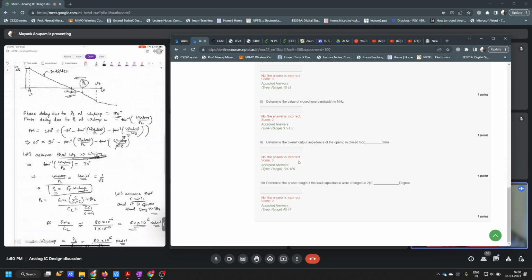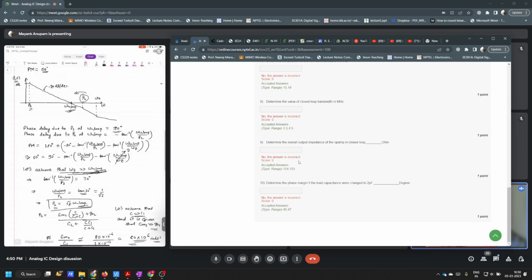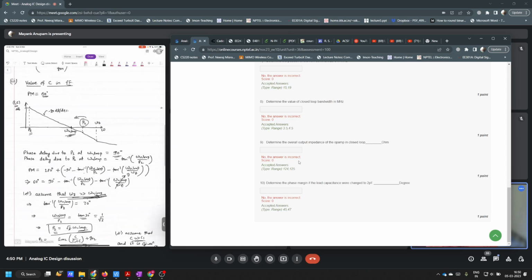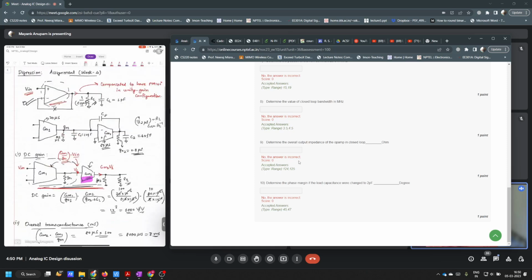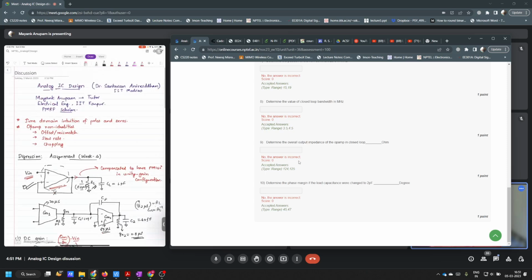So, reiterating: when you start attempting a question, do not try to write exact expressions the first time. Try to make the complexity as low as possible.